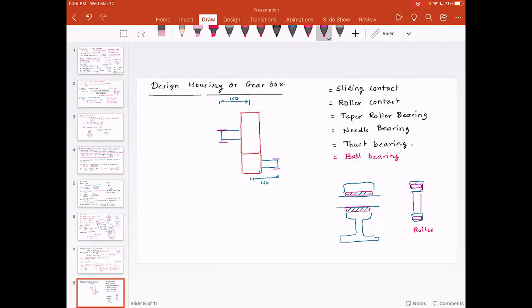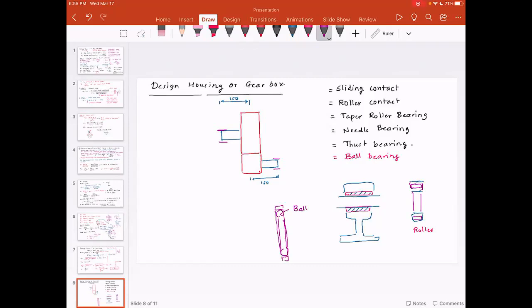In the case of ball bearings, you have an inner race, an outer race, and the balls. And there is something called the cage that holds the balls.